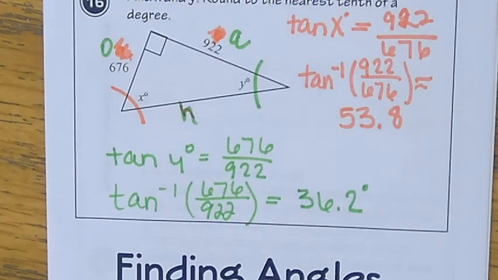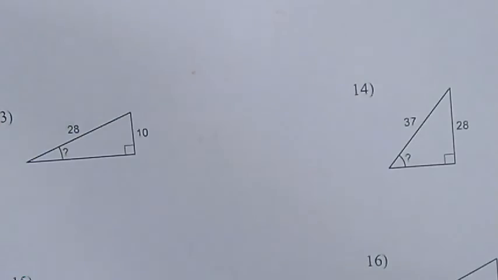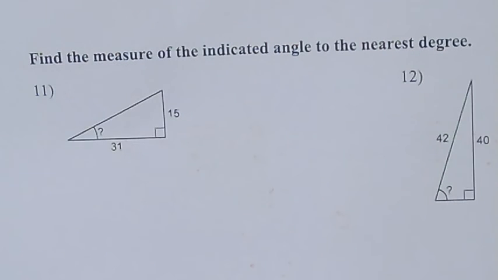Okay, any questions? No? Okay. So looking at your worksheet now, this is what you're doing. Same thing. It just says question mark. You can call those angle X if you want.